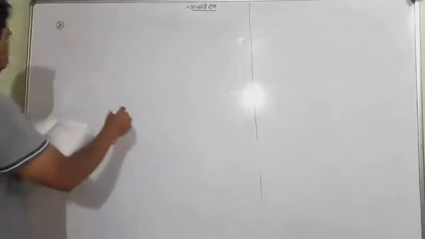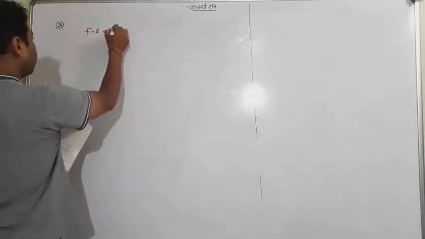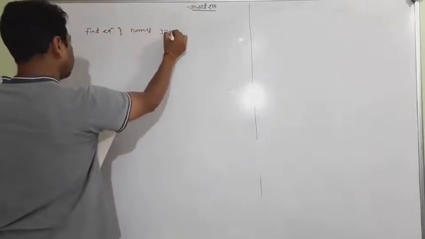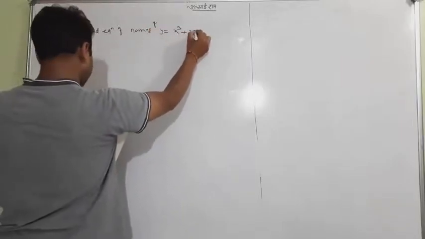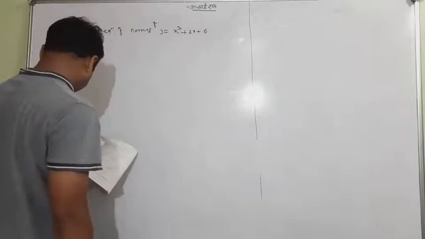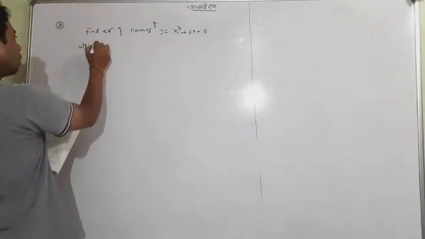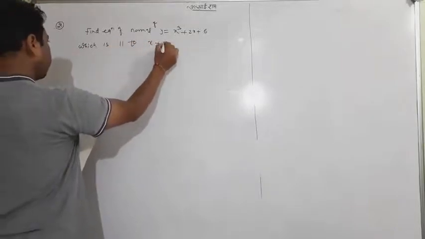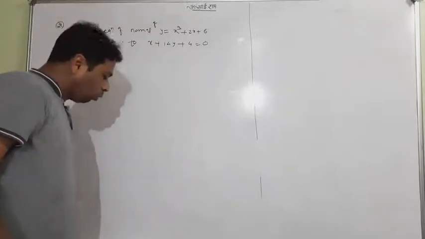Find the equation of the normal to the curve x cube plus 2x plus 6, which is parallel to x plus 14y plus 4 equal to 0. This is almost the same question.